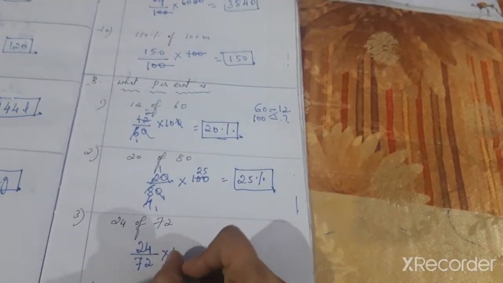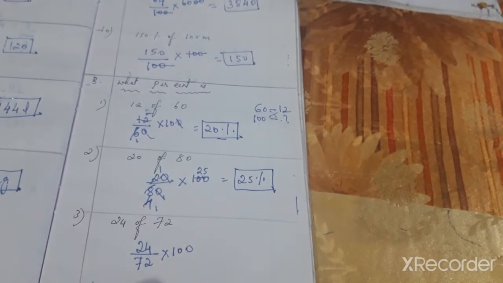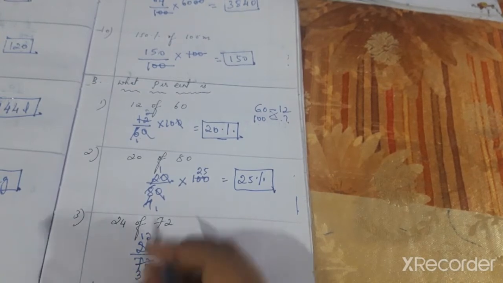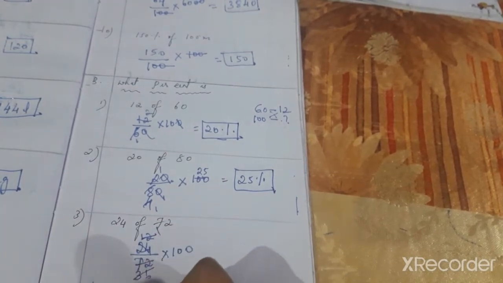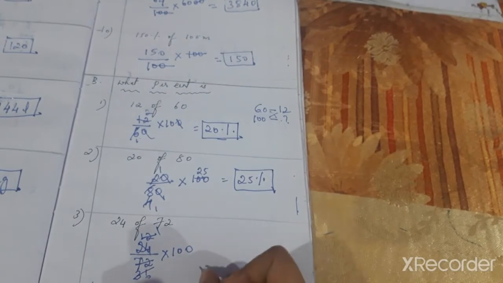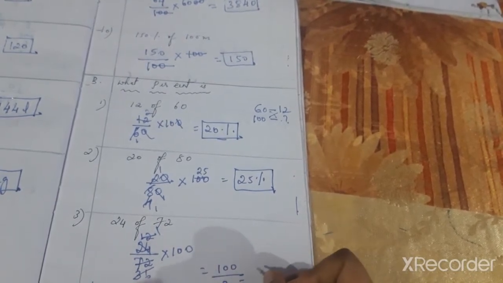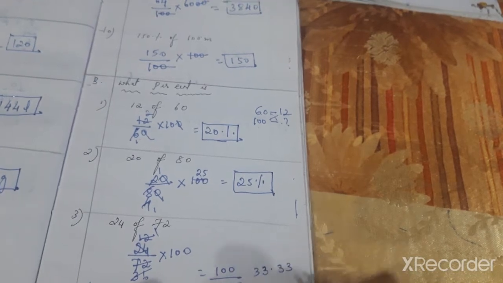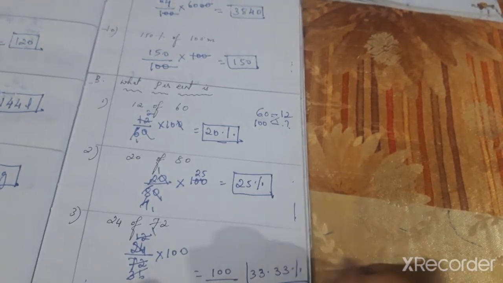For 100, how much? 2 ones are 2, 2 twos are 4, 2 threes are 6. 12 ones are 12, 12 threes are 36. 100 by 3 means 33.33. Divide it, you get 33.33 percentage.